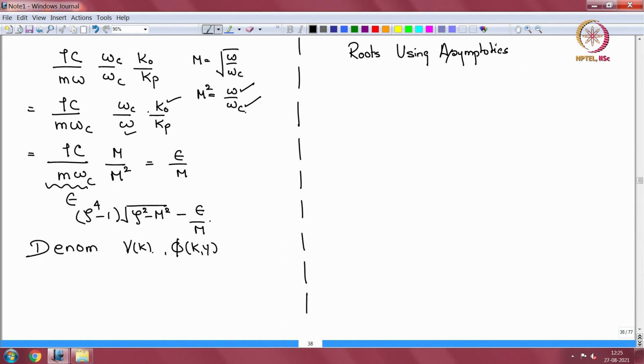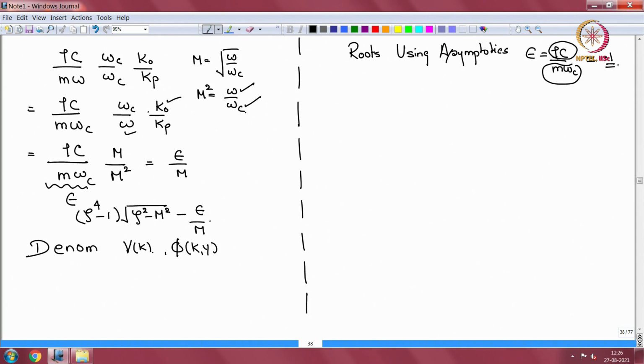Now epsilon is the fluid loading parameter, rho c by m omega c is a fluid loading parameter. It carries the structural inertia in the denominator, fluid inertia in the numerator. So it's a ratio of the two inertias. Typically it's a small quantity, of the order of 0.1 or 0.2 for most material fluid combinations. So small.